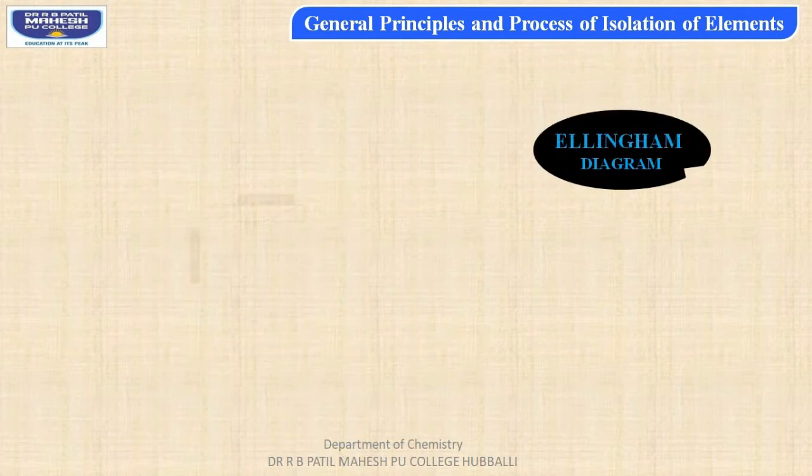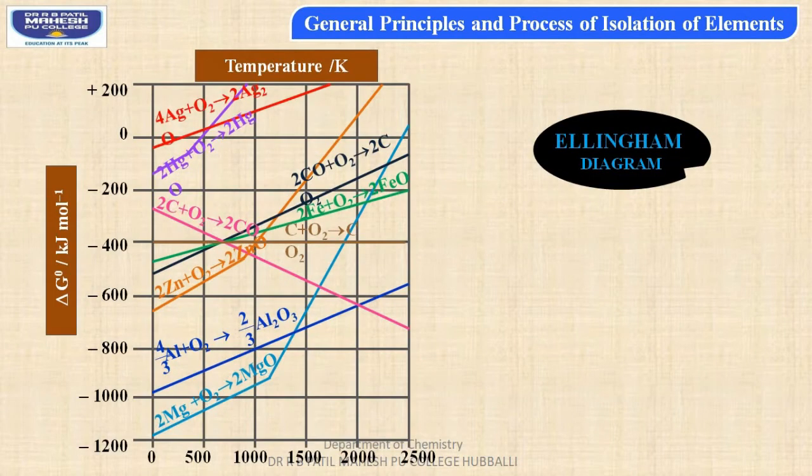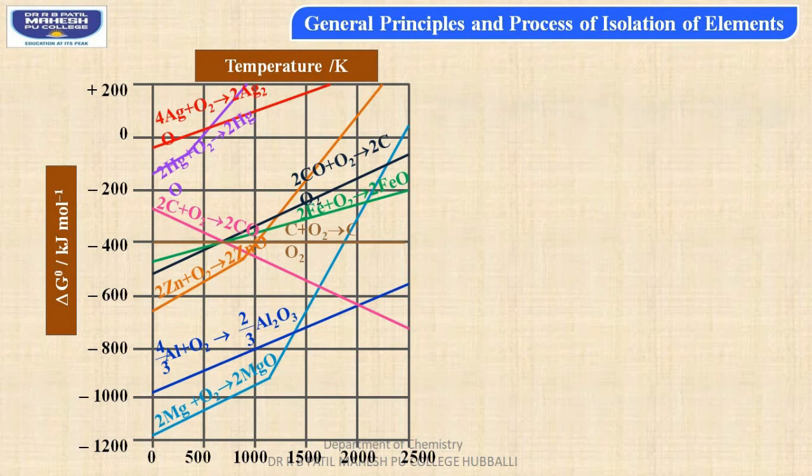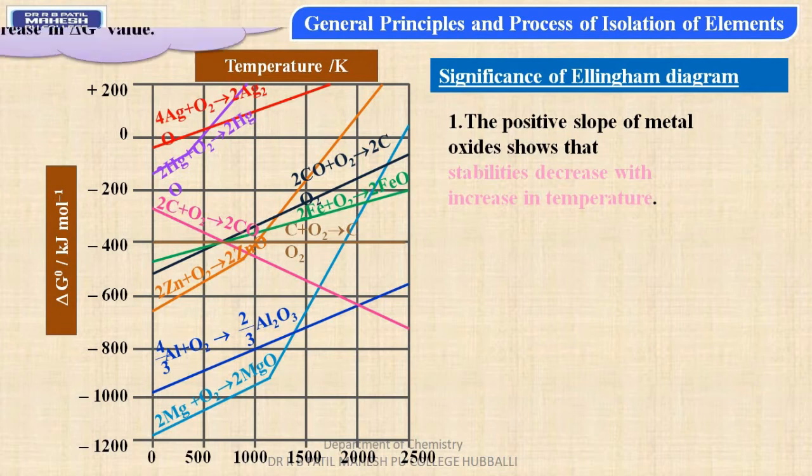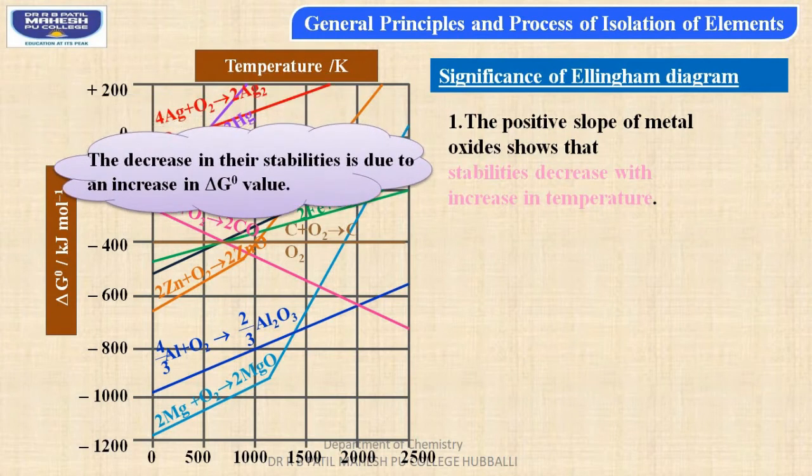Now students, let us consider some of the significance of the Ellingham diagram. The first point: the positive slope of metallic oxides shows that stability decreases with increase in temperature. Thus, students, the decrease in their stability is because of an increase in the ΔG° value associated with metallic oxides.